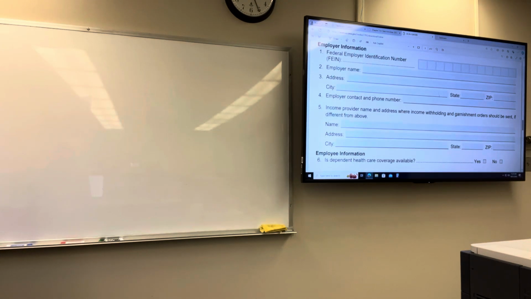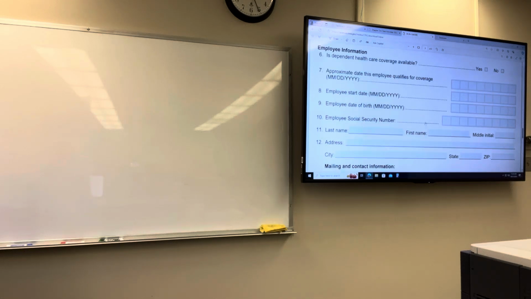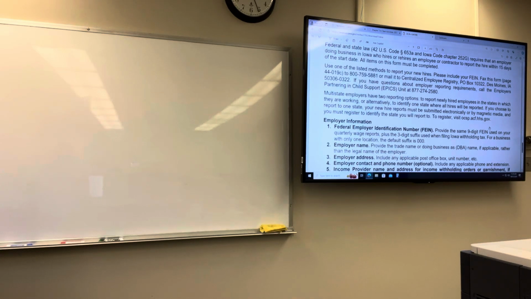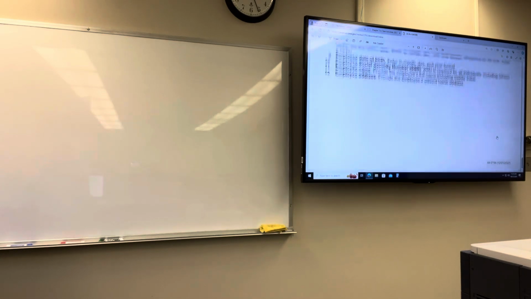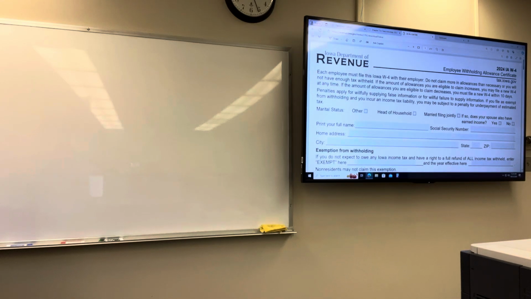So all of this needs to be filled out by the employer, and then it's faxed. Gosh, they still have fax numbers. Faxed or mailed. They don't have an email, a place to email it, and then there are instructions for that. So that's what the Iowa W-4 form looks like, those two parts to it.